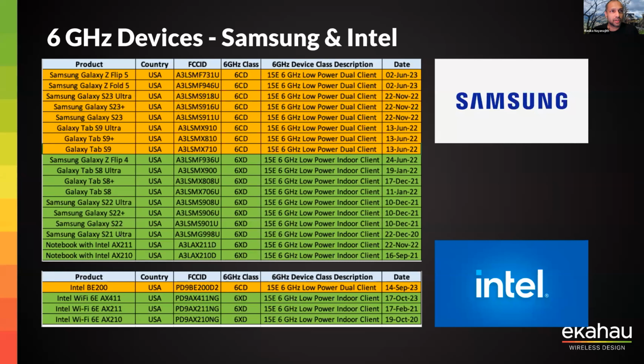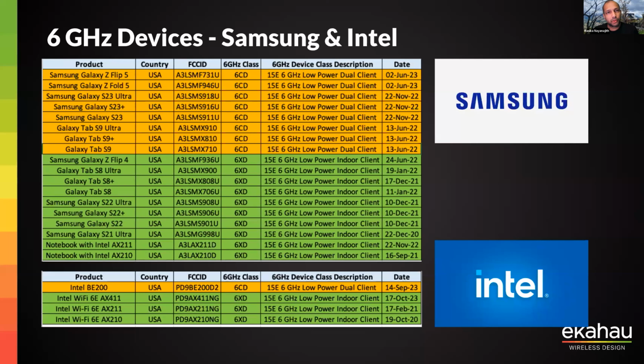But early generation clients are basically indoor low power 6 XD. Intel, on the other hand, all these AX210, 211, even AX411, are low power indoor clients, but starting with BE200, which is the first chip supporting Wi-Fi 7, they are basically 6 CD. That means they are dual clients.